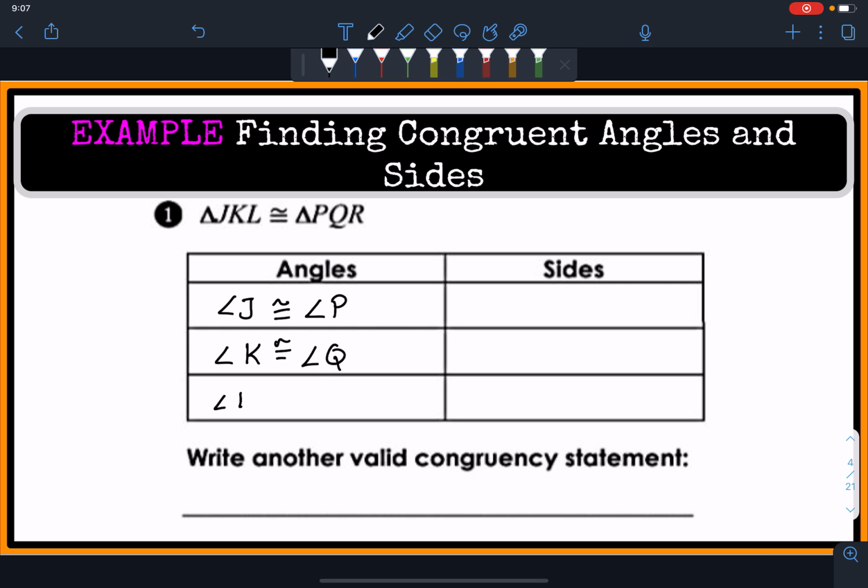Angle L corresponds to angle R, and those two angles are congruent.